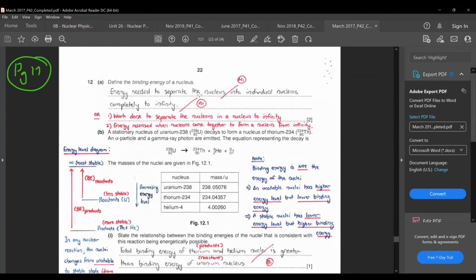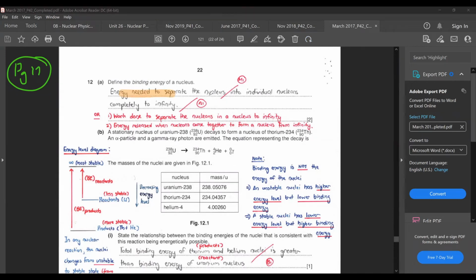This one is readily available from your notes. Energy needed to separate a nucleus into individual nucleons completely to infinity. The keyword here is nucleons completely to infinity. You must have the words to infinity. This is where your 1 mark comes from.